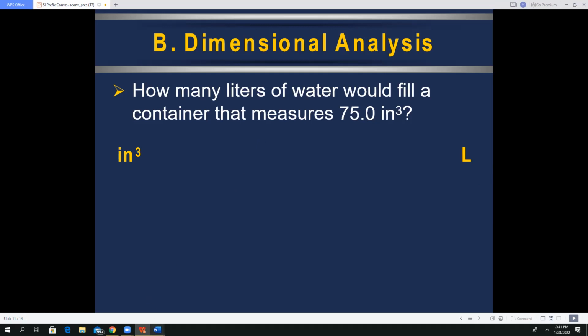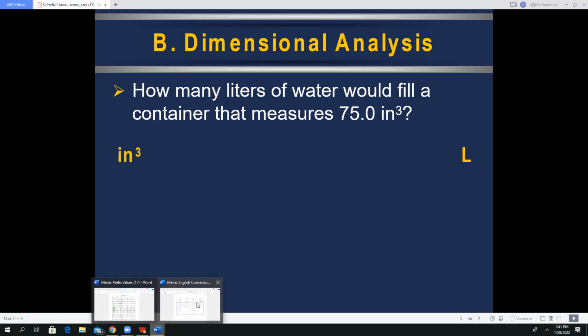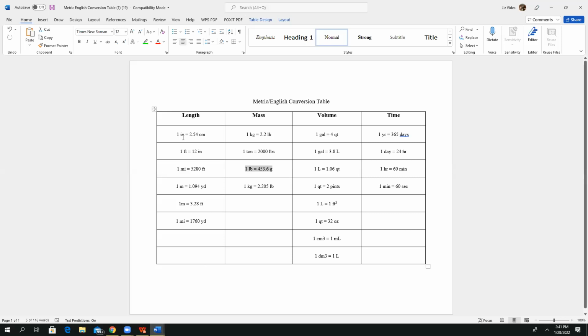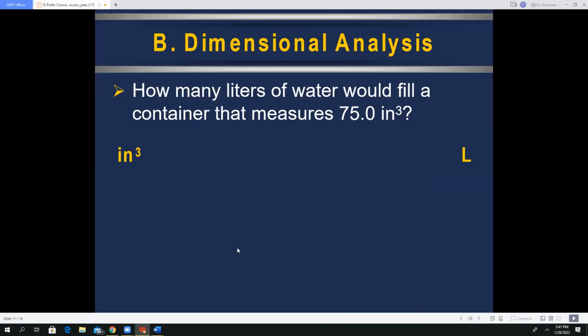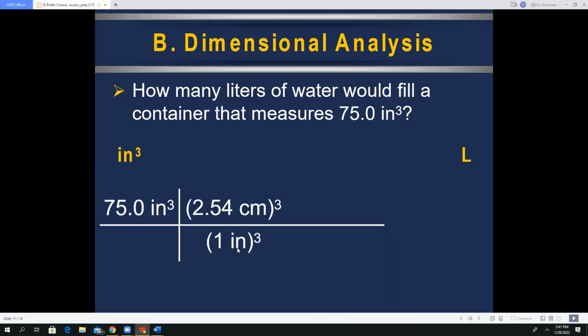We need to go to our conversions, and you got inches to centimeter cube. You see that? So we need this because we need to somehow convert that to metric, right? So inches to centimeters, okay? So the first thing to do is to do that. But since it is in cube, you need to cube both numbers. Obviously, when you cube 1, it's still going to be 1, and it's just going to be cubic inches.